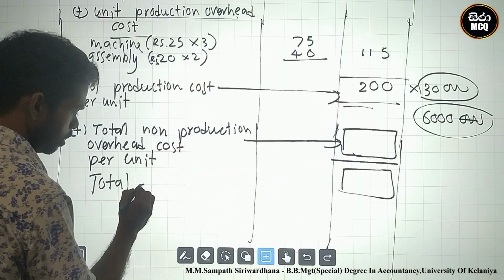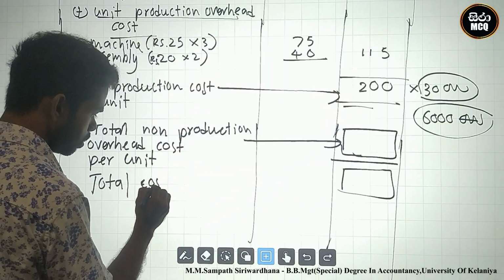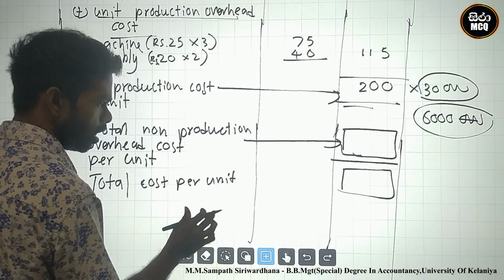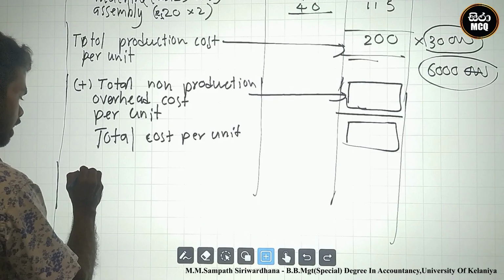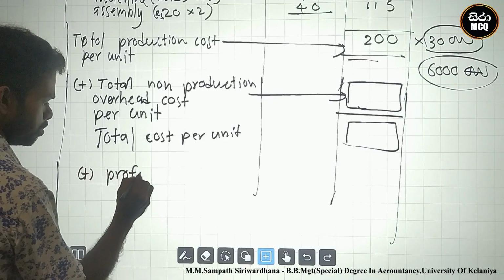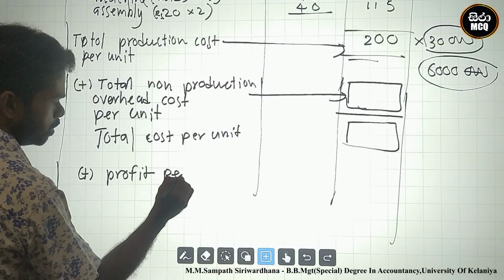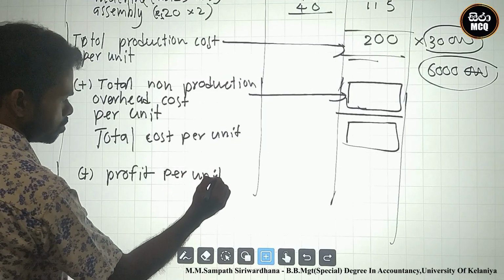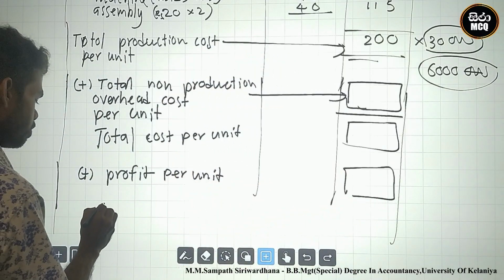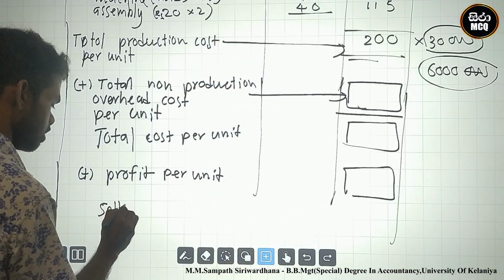This is the total cost per unit. After that I add what is this? Profit per unit, no, per unit. Profit per unit.